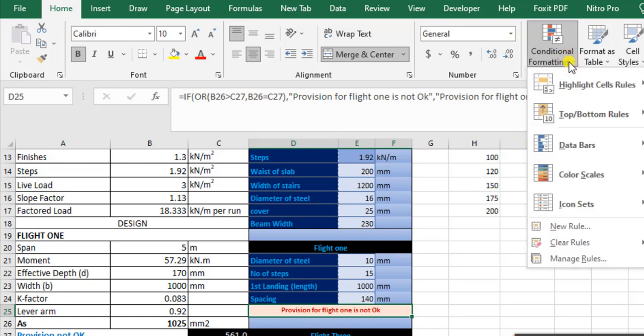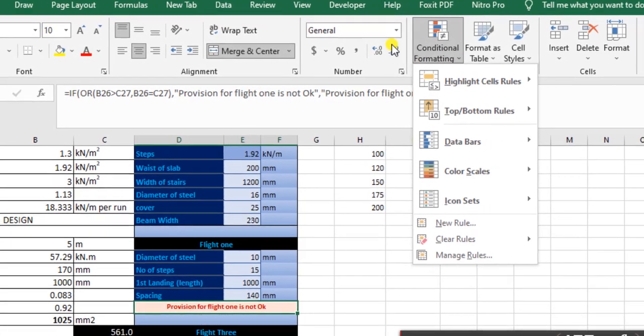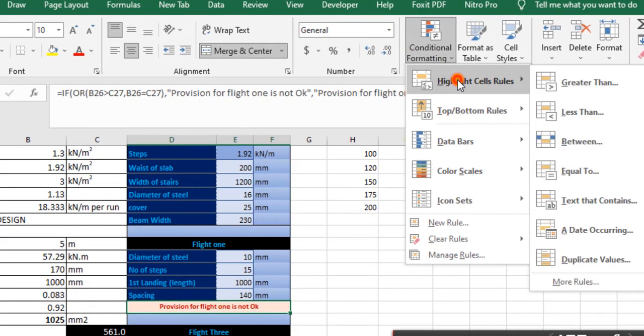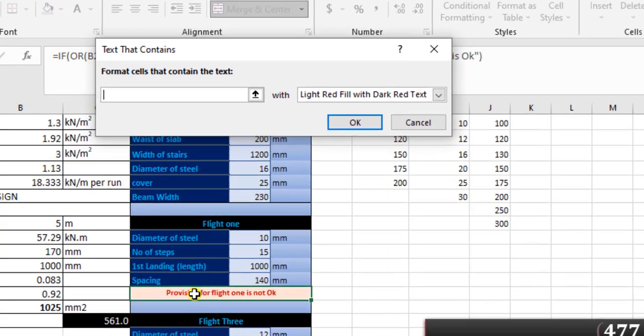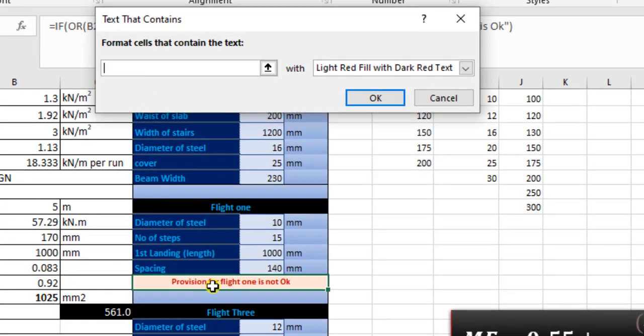To achieve this, you click from Home, Conditional Formatting, Highlight Cell Rules. From the drop down, you come to Text that Contains. We are looking for a text that contains what you now copy first and put here. So it will always look for that text.